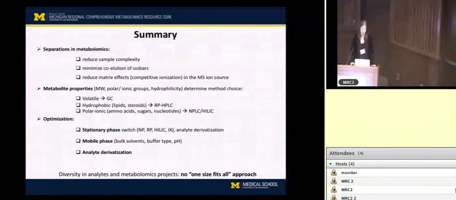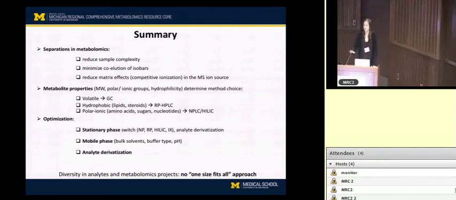Okay, so in summary, we want to do separations in metabolomics to make sure that we get the best out of our mass spec data. We should base our method choice on the properties of our target analytes.